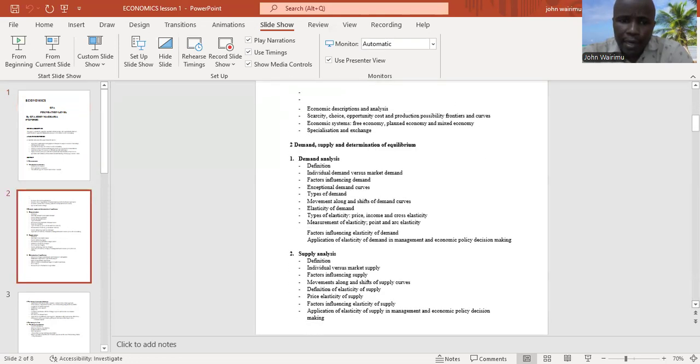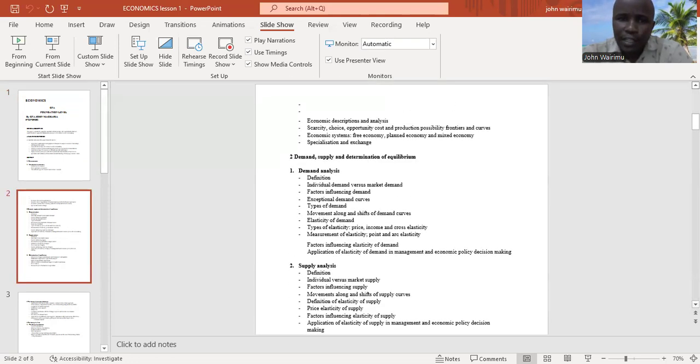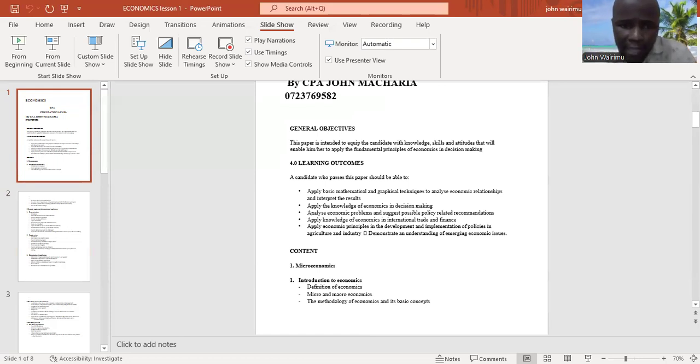Here, we shall have topic-wise. The first thing you're going to look at is microeconomics. In topic 1, we shall look at the definition of economics, and we differentiate between micro and macroeconomics. We shall discuss this in detail as we move on. We shall also look at the methodology of economics and its basic concepts.